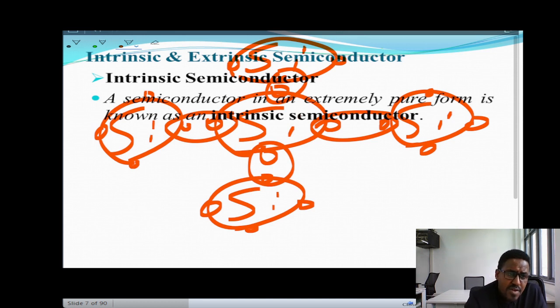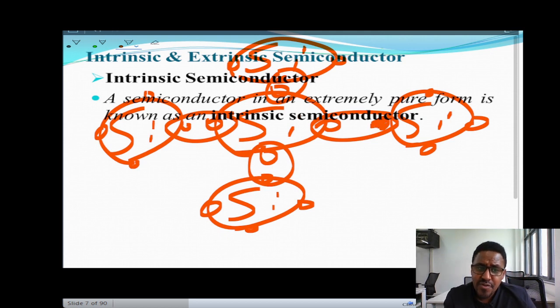So in an intrinsic semiconductor, the number of electrons and the number of holes are equal. Electrons and holes are only created by thermal excitation. Thus, free electrons and holes are created in the covalent bond.